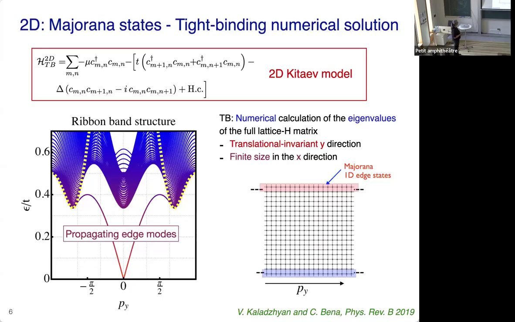The model that we've been using is just the 2D generalization of the 1D model above. It's a 2D type model, so it has the same physics, but now my hopping is in both the x and y directions, not only in the x direction. Okay, so this is numerics.